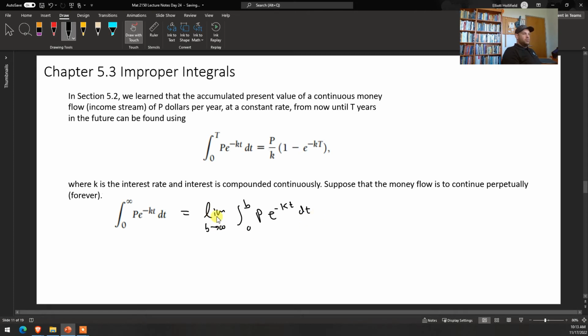Now we ignore our limit for the moment and compute this antiderivative. Our constant p can come out front, and we need to compute the antiderivative of e raised to the minus kt.